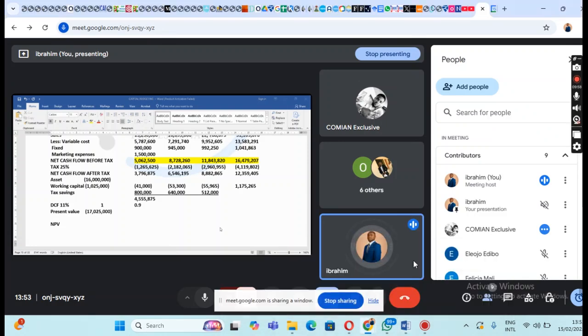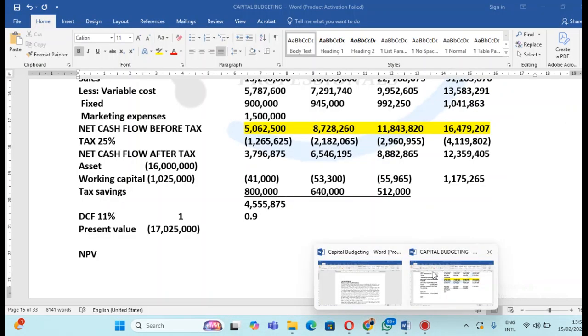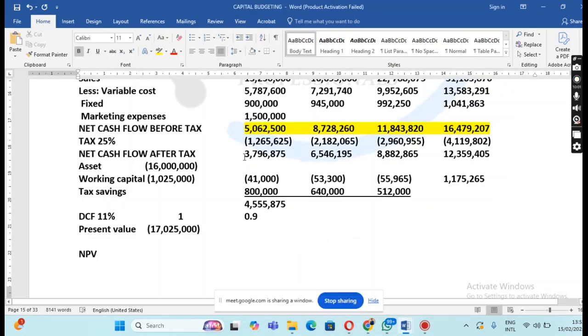Please kindly confirm. Felicia, please confirm the figure before we move ahead. Use this. This is your net cash flow after tax minus working capital plus tax savings. Okay, are we good? Yes, sir. Okay, thank you so much.